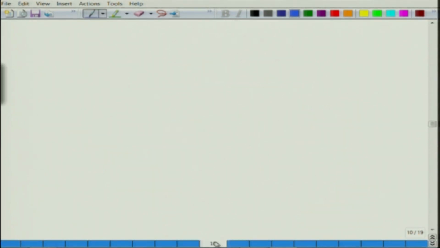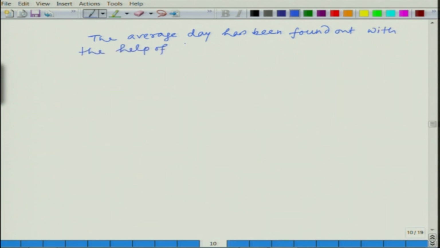The average day has been found out with the help of a lot of data throughout the world.